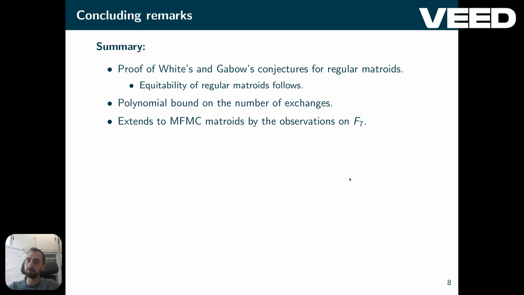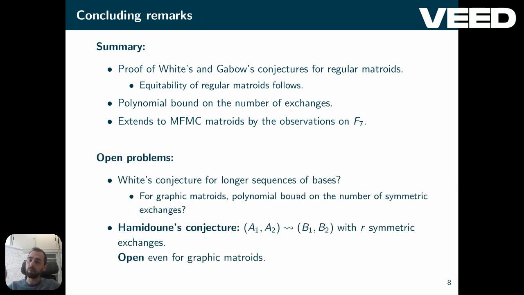And there are several open problems remaining. Let me just mention two of those. So actually, White formulated his conjecture in a stronger form. He formulated his conjecture for basis sequences instead of pairs of bases. And this more general version is also open, of course. But it was verified for graphic matroids.